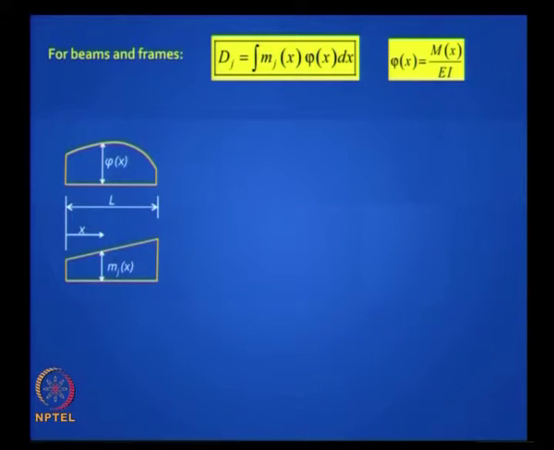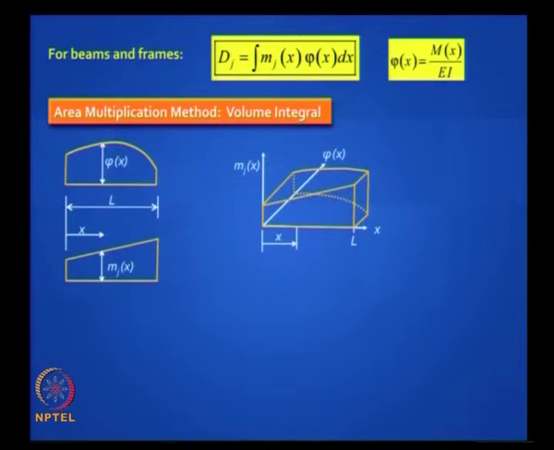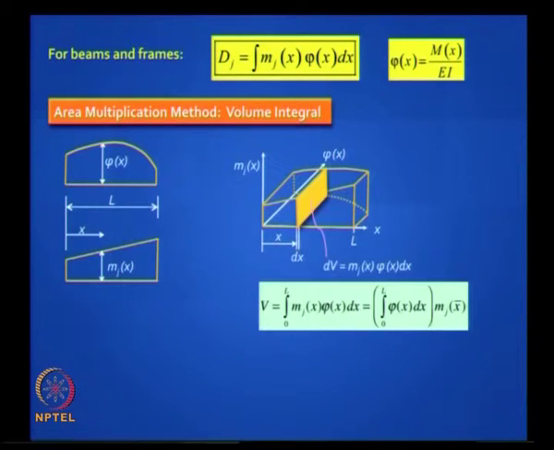You are multiplying a curvature diagram which is real with a moment diagram caused by unit load which is virtual, and if you look at that integral you can see that it is really a volume, and you can invoke what is called the area multiplication method by taking a slice of that volume. You will find that the local elemental volume is dV equals m_j(x) into phi(x) into dx. It is very easy to understand this, and actually you are integrating over the length of that element. Is it clear? So you can do this.